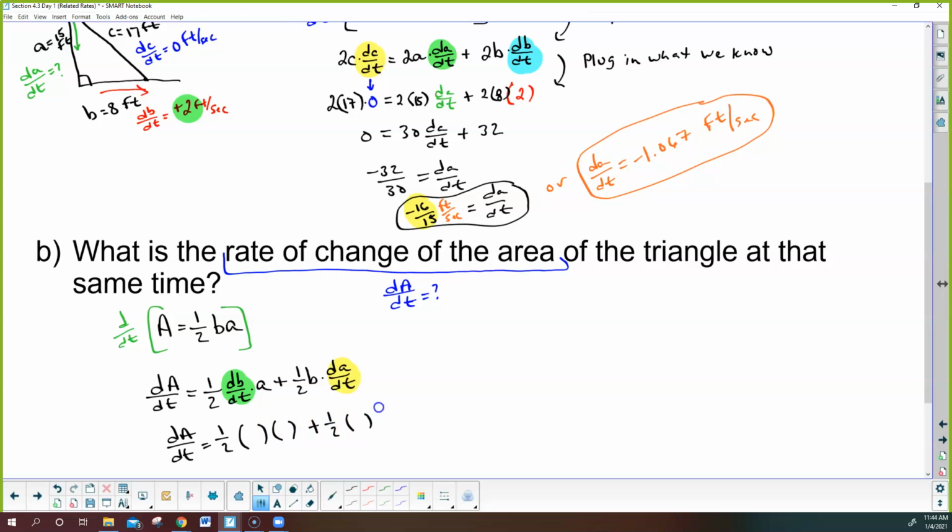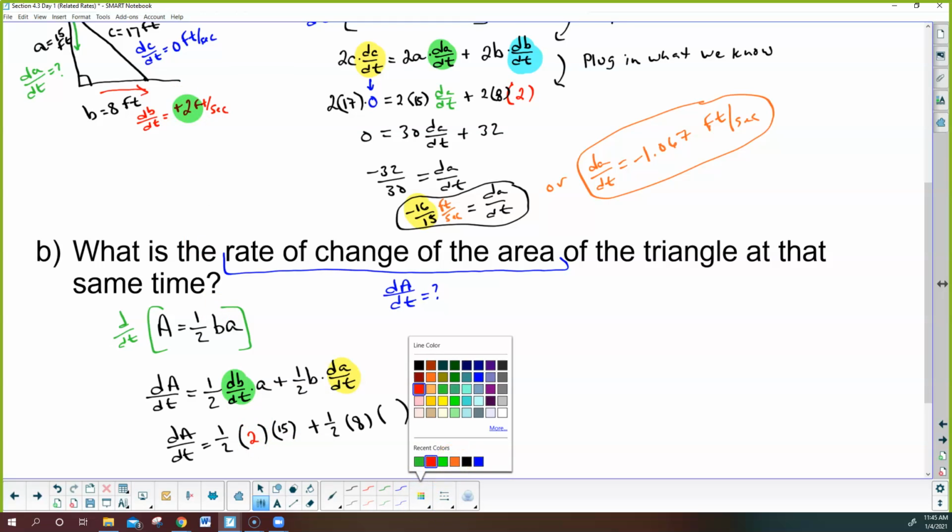I'm going to space this out a little bit. So we know that A was 15. I know B was 8 feet. That's the base and technically the height. And we knew from the start of the problem that the base was changing at positive 2 feet per second. That's dB/dt.